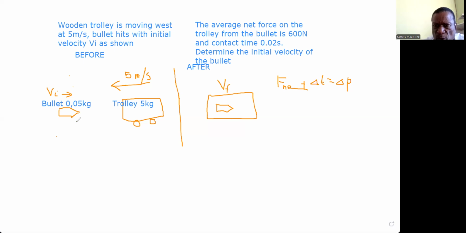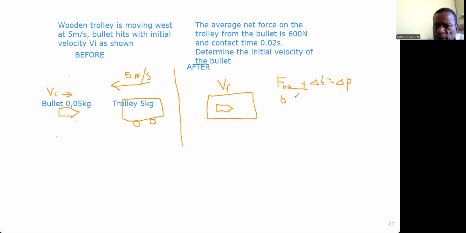Now we need to identify which object to work with first to get VF, so that we can eventually find VI, because there's no way we can find VI without knowing VF. We know the initial velocity of the trolley but not that of the bullet, so we start with the trolley.